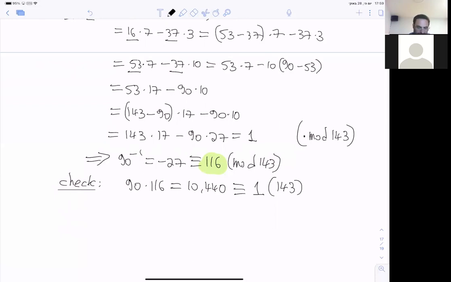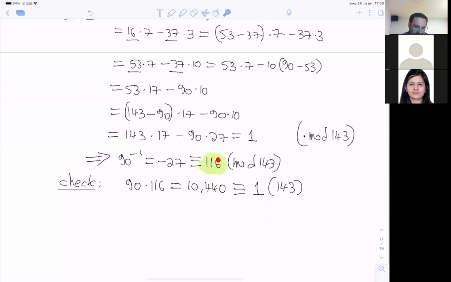Okay. Sorry. Yes. I didn't understand how you took 116. Because I don't want to use negative.